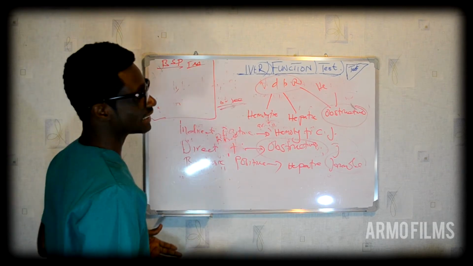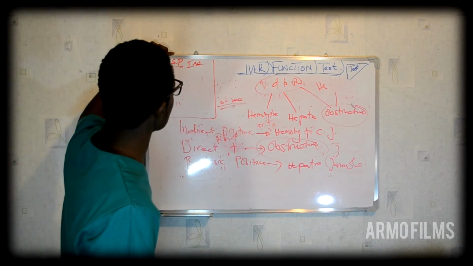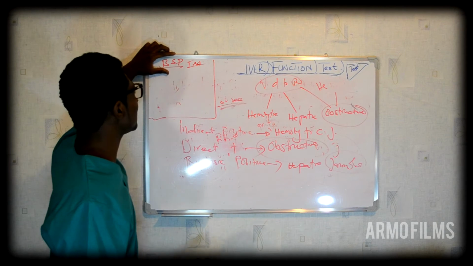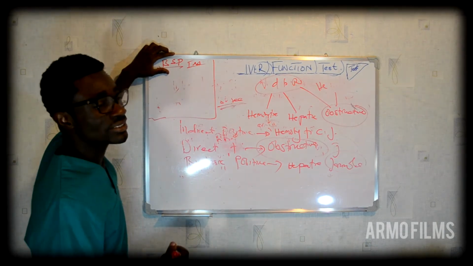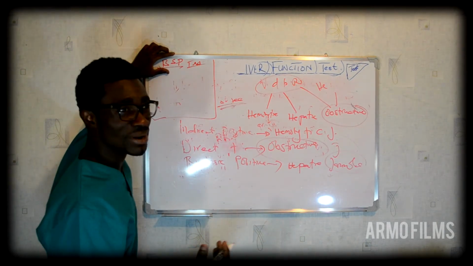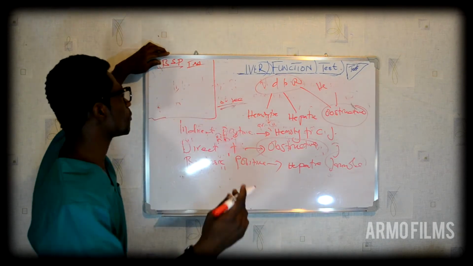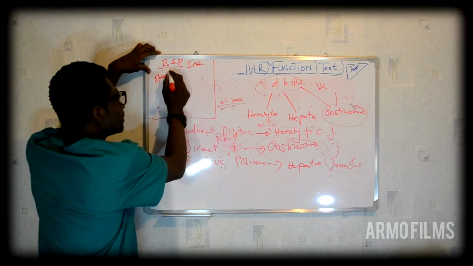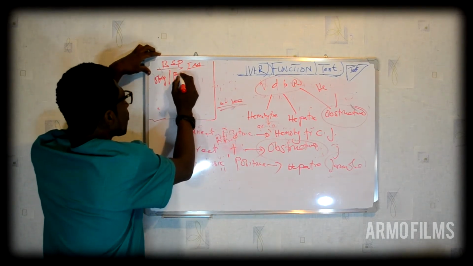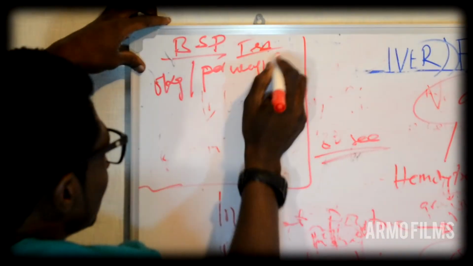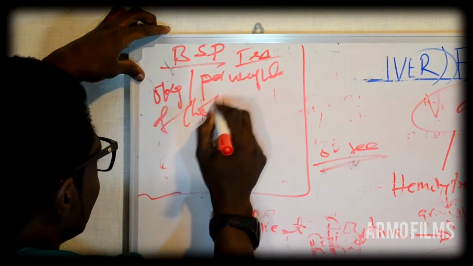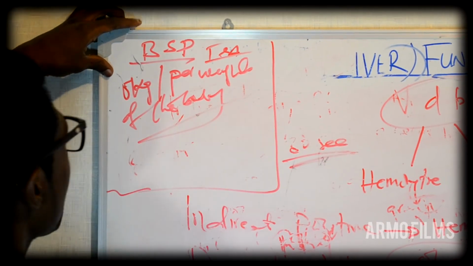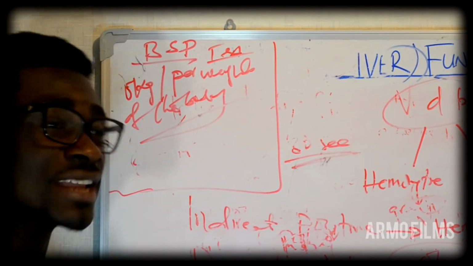What is bromosulfophthalein test? This bromosulfophthalein is a dye that is intravenously introduced into the body. You understand? At a dose of 5 mg per kg weight of the body. You understand? 5 mg per kg weight of the body.